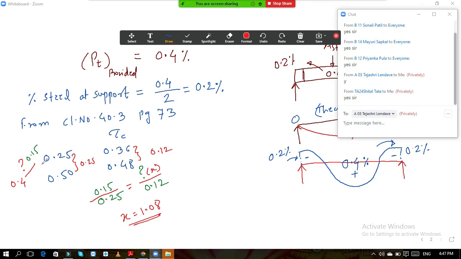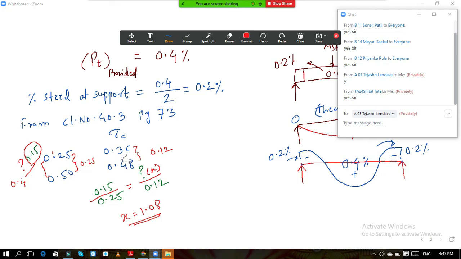Now see, you have taken this 0.15 difference from 0.25. Our 0.4 value is in between these two values. So while moving from 0.25 to 0.5, is this value of tau c increased or decreased? At 0.25 it is 0.36 and at 0.50 it is 0.48. So the value is increased.